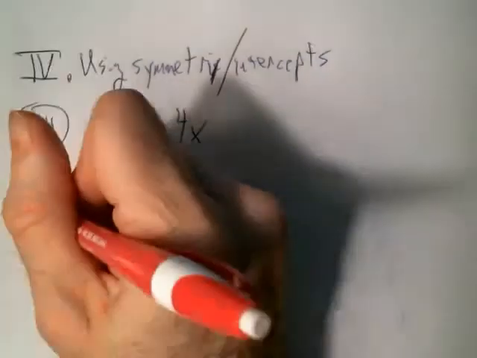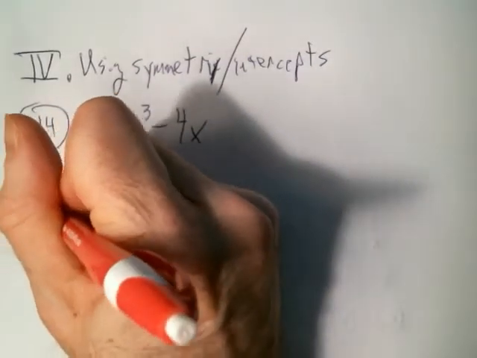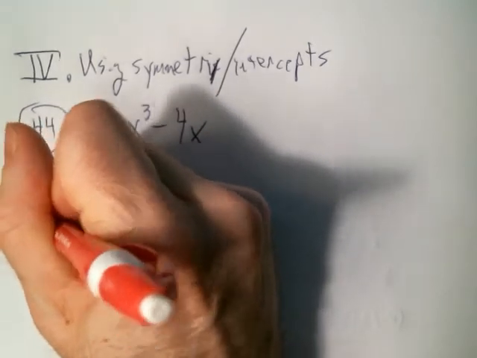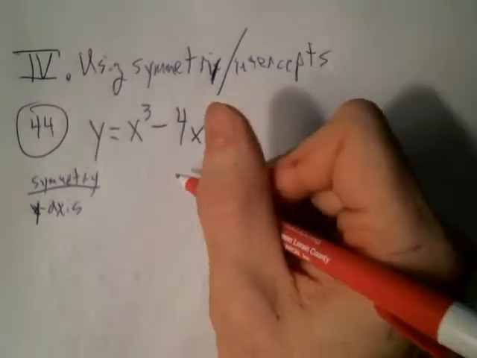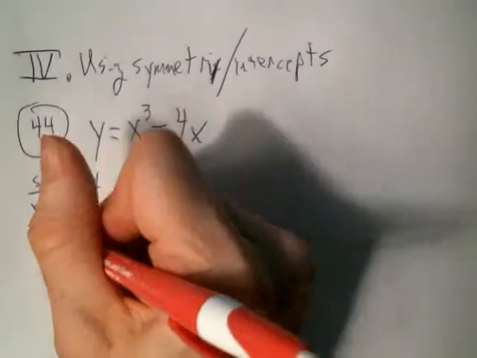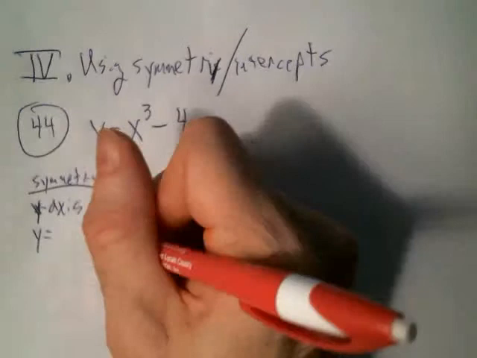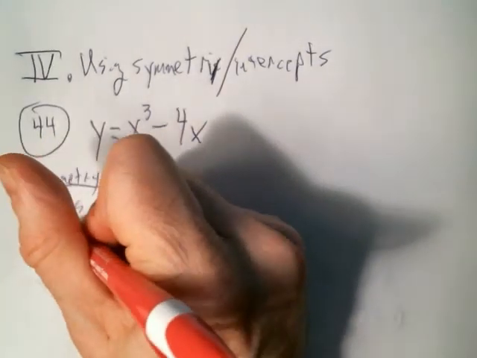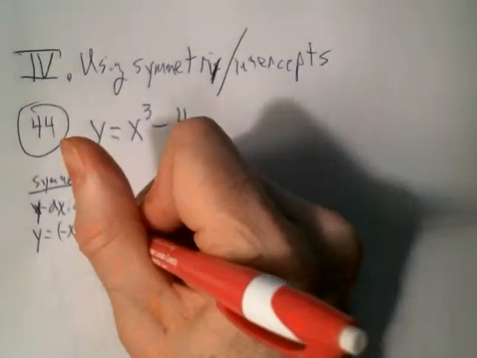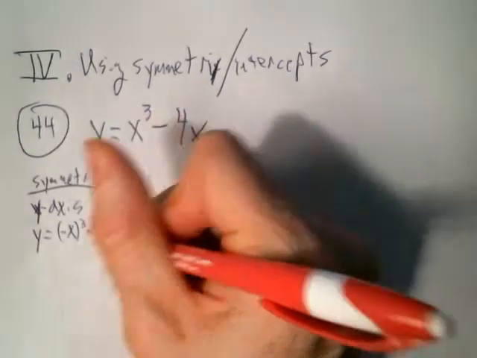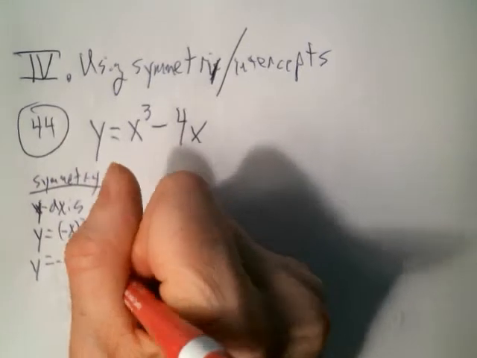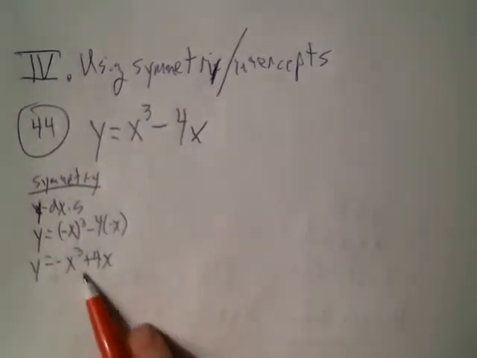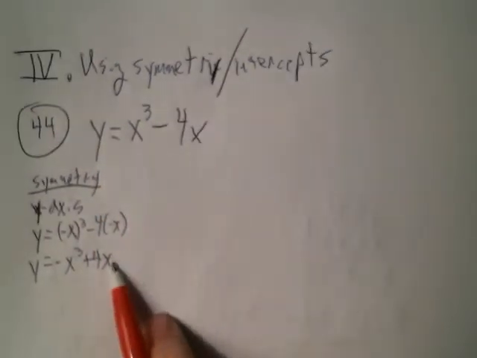So we do y-axis first, right? That would be the even symmetry idea. We're replacing x with -x, so we'll have y equals (-x) cubed minus 4 times (-x). So that would be -x cubed plus 4x. And clearly that's not going to be the same thing as this, right?